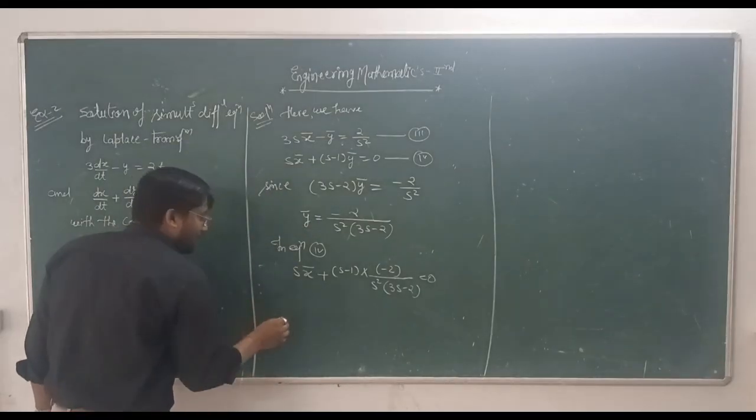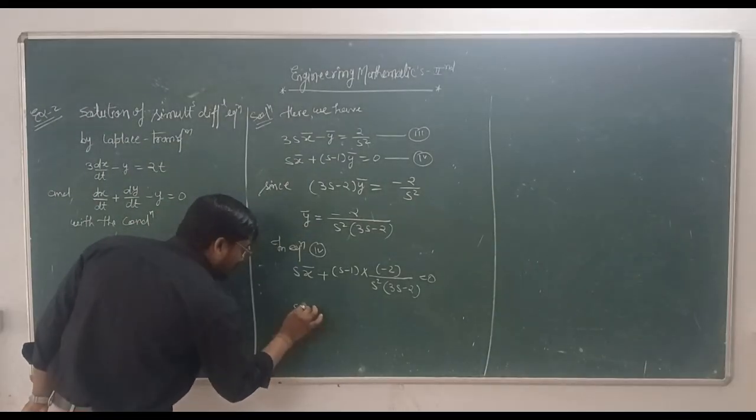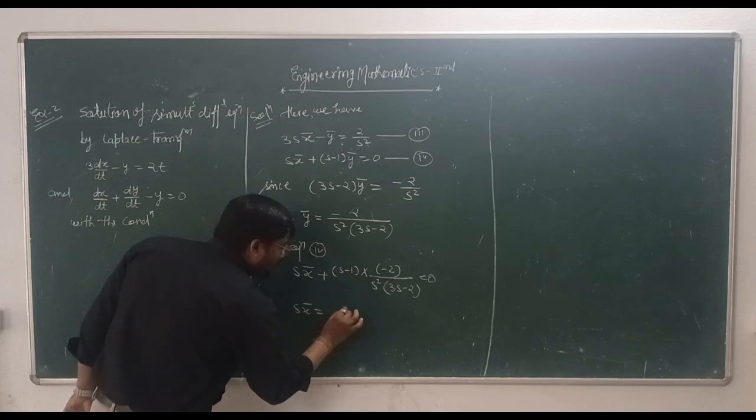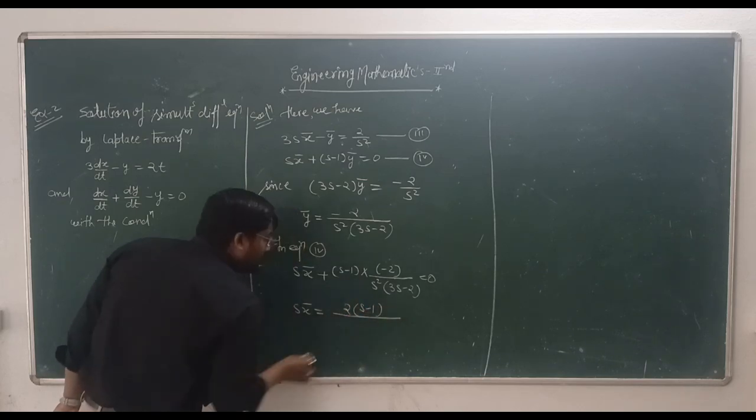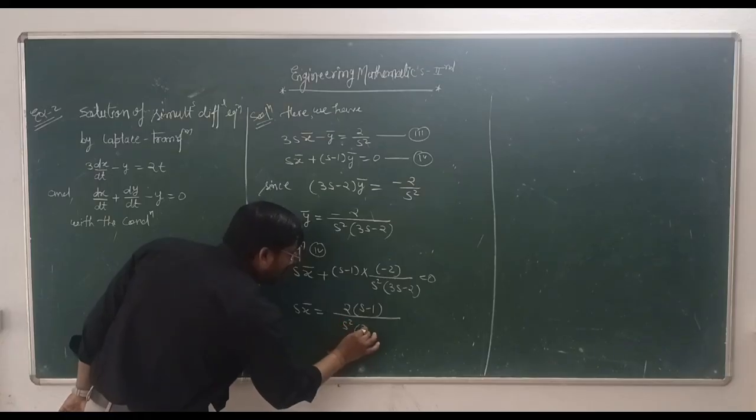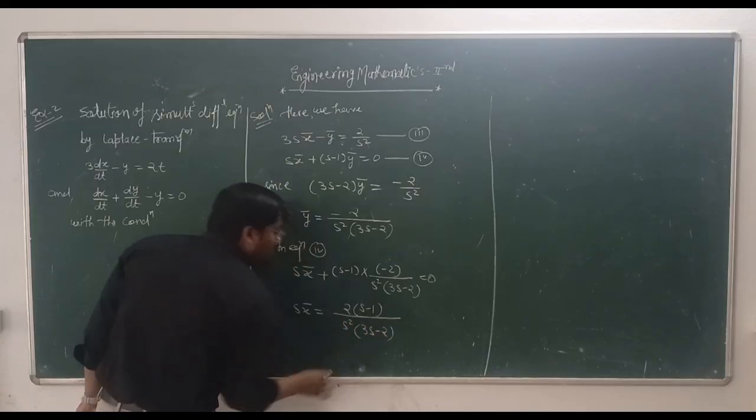Now you can find the s Laplace of x is equal to 2s minus 1 total upon s square 3s minus 2.